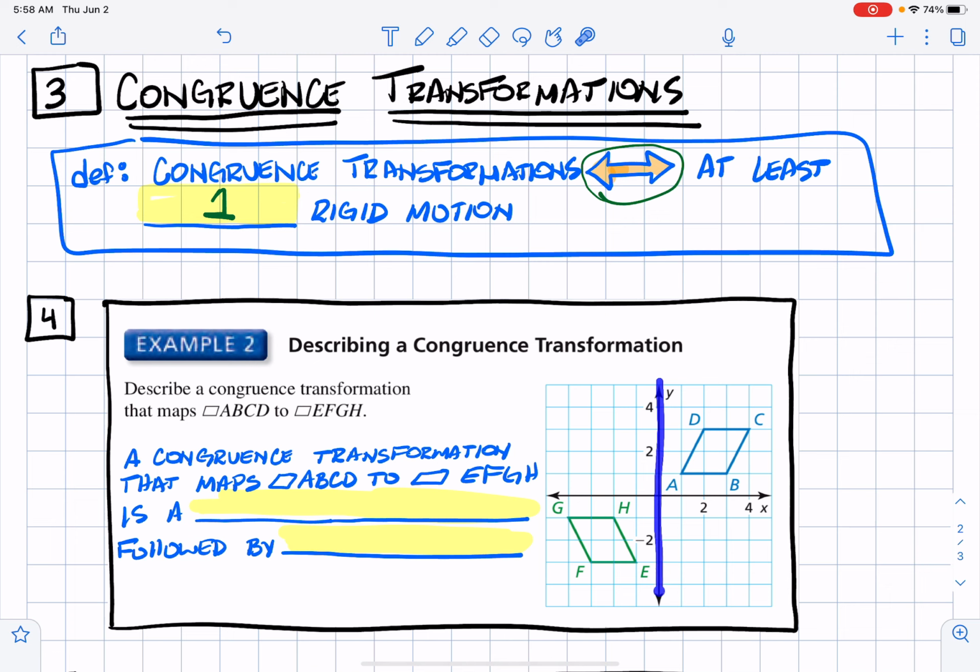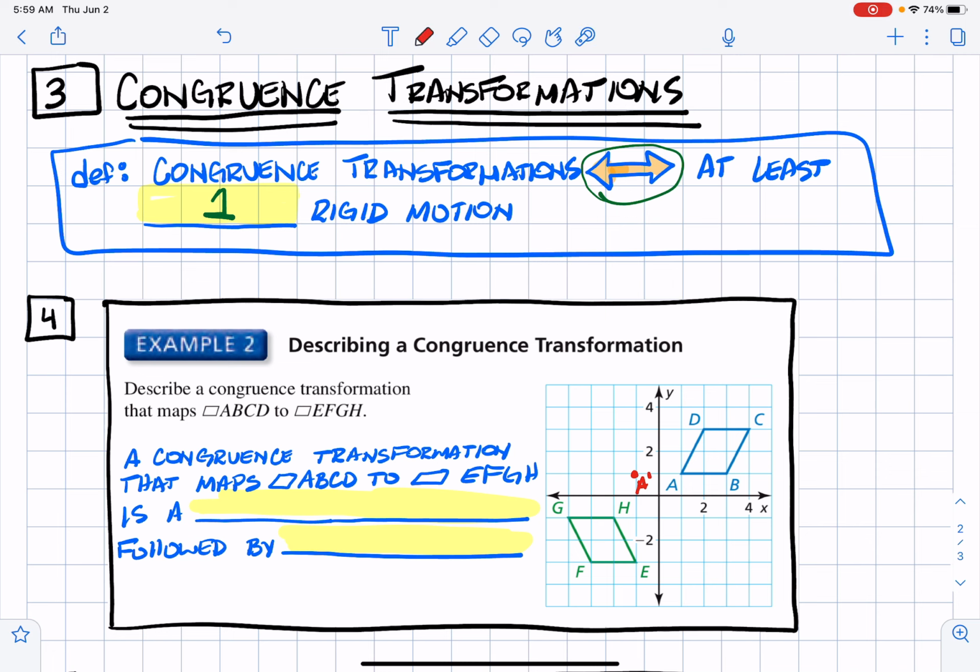So if I reflected this original figure over the y-axis, that would change the direction of the slants of my shape. So I could put a point here, that'd be a reflection, and then that would be my A prime. Then I could do B if I count again like normal, right? So 1, 2, 3.